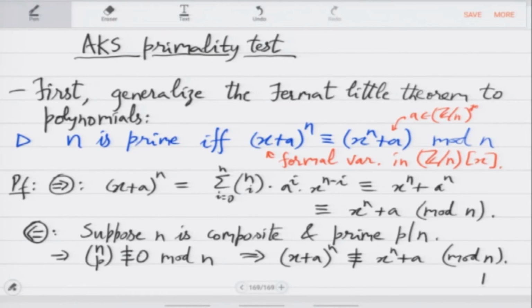Okay. So, that finishes the contrapositive of the converse, hence the converse is done.